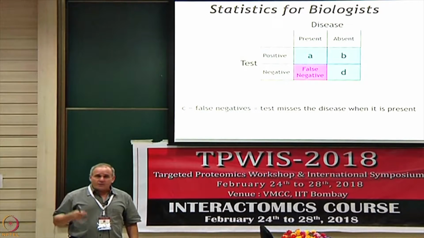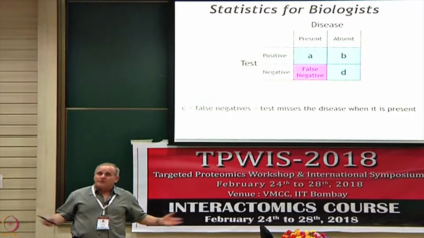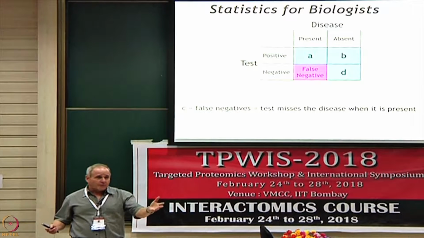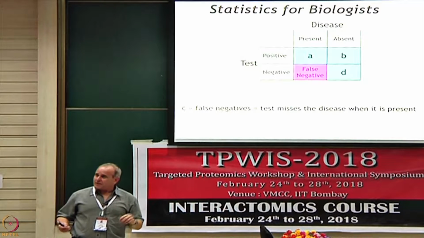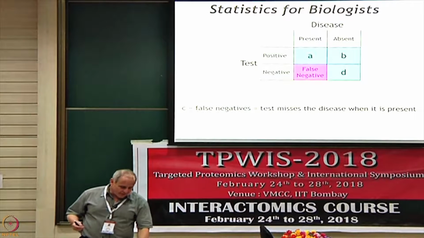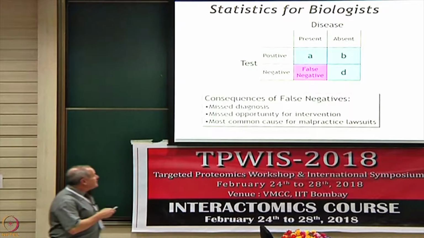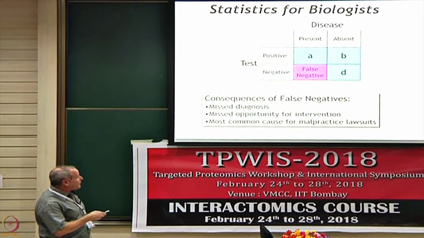Right, you missed the disease. The patient is ill. You told them, you know what, you're perfectly healthy. Go about your life. Don't worry about it. And then 6 months later, they have the disease. Right, so this is a misdiagnosis. It's a missed opportunity for intervention.